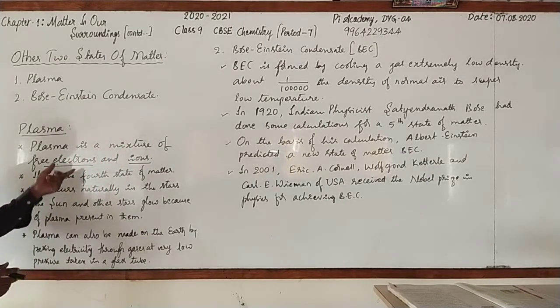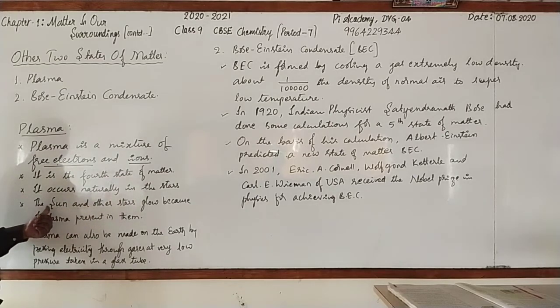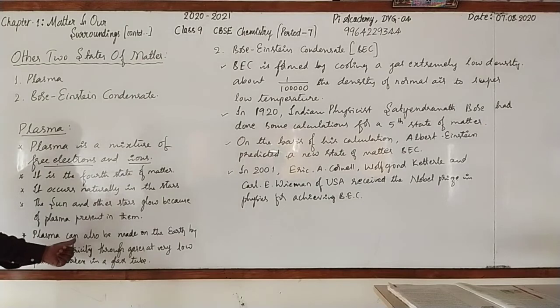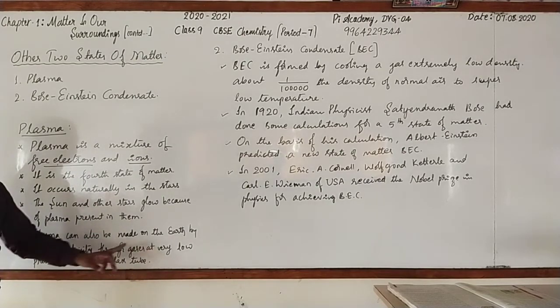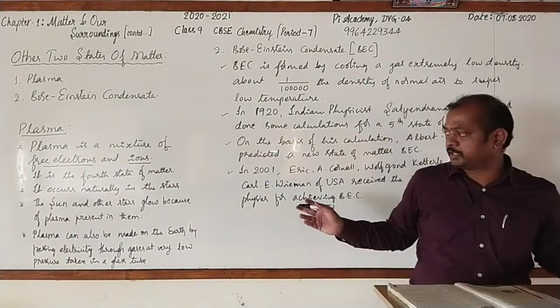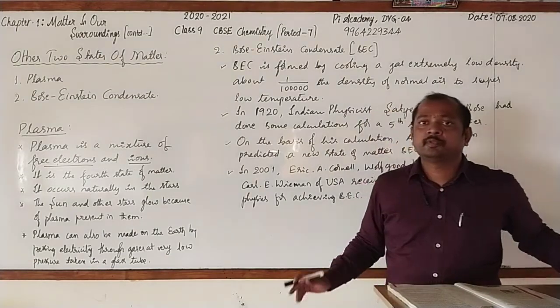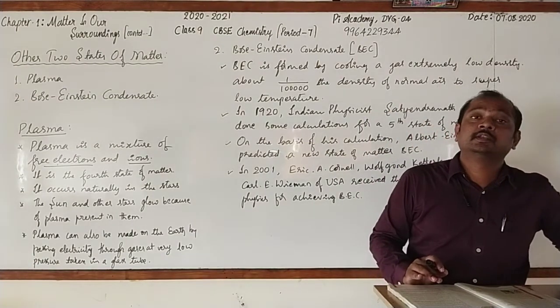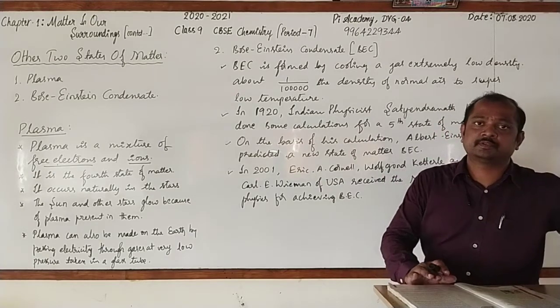Next, we know that it is the fourth state of matter and it occurs naturally in the stars, even in the sun. The sun and other stars glow because of the plasma present in them. Plasma can also be made on the earth by passing electricity through gases at very low pressure taken in a glass tube. I have explained this by taking the fluorescent tube as well as neon sign bulbs.